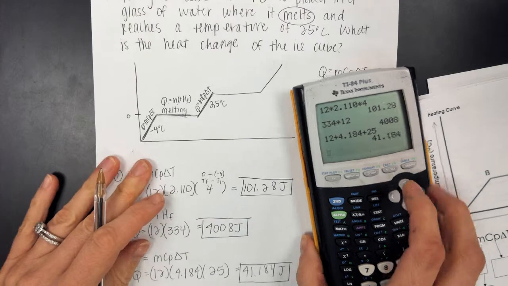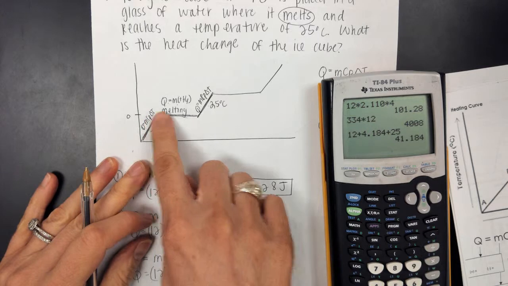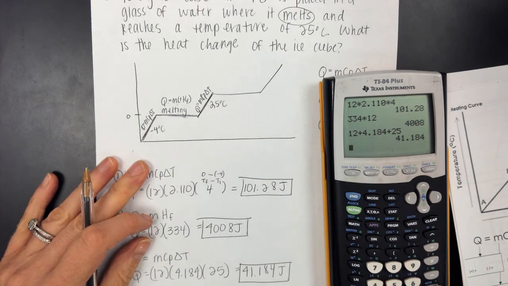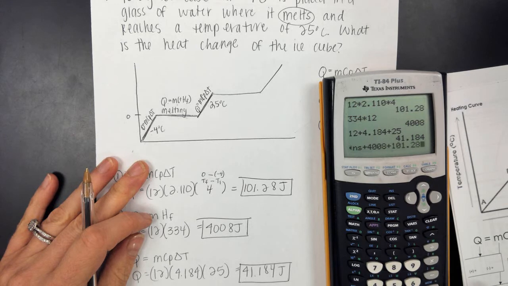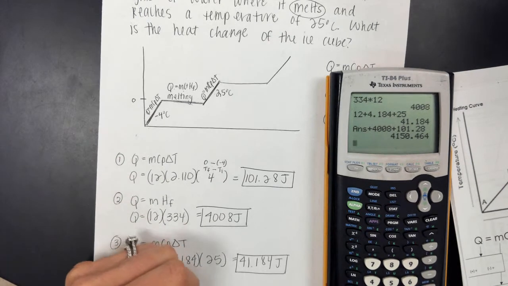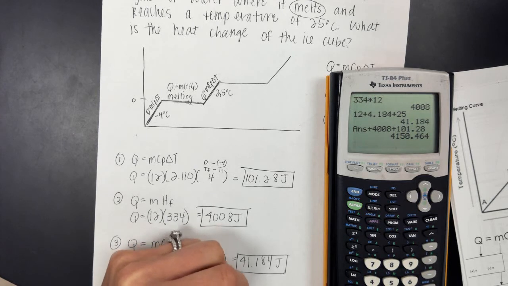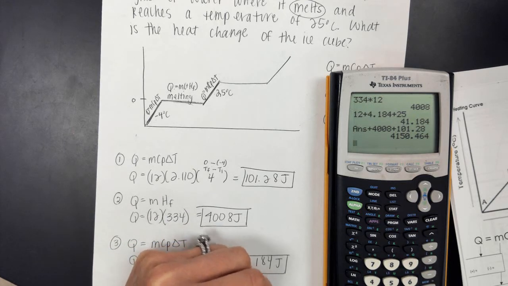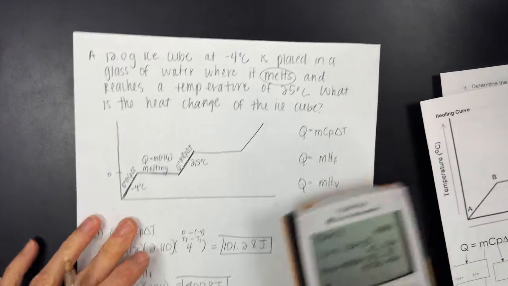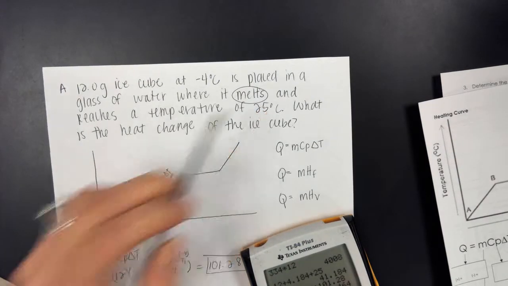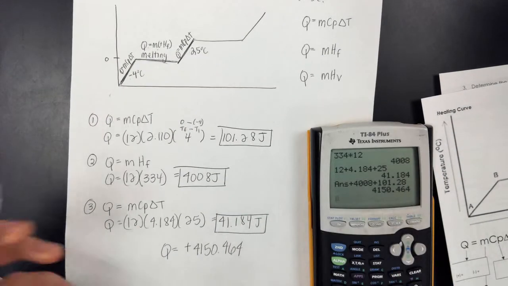Okay, so the total heat absorbed, when you add all those together, you just simply add them up. Q equals positive 4,150.464. In sig figs, I am stuck with 2 from that 25 degrees Celsius.